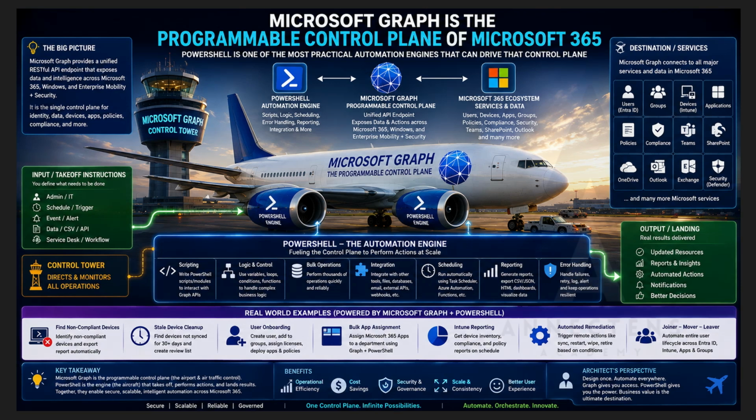Think of Microsoft Graph for Microsoft 365 and PowerShell. What are the two distinctions? Those are the two most practical automation engines, and this is how it works. Being an admin, if you talk about intune.microsoft.com, that is a GUI, a graphical user interface for you as a human to interact with Intune, right?